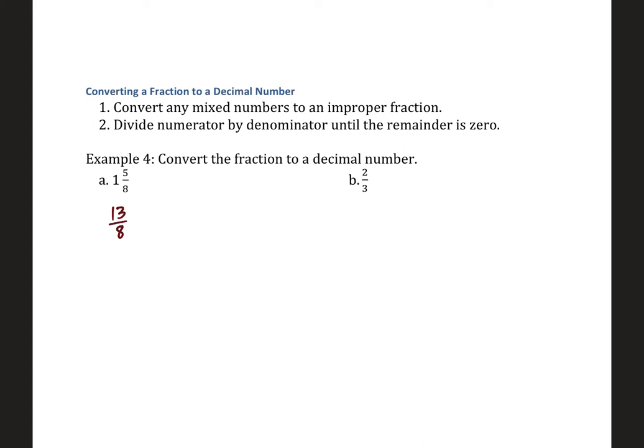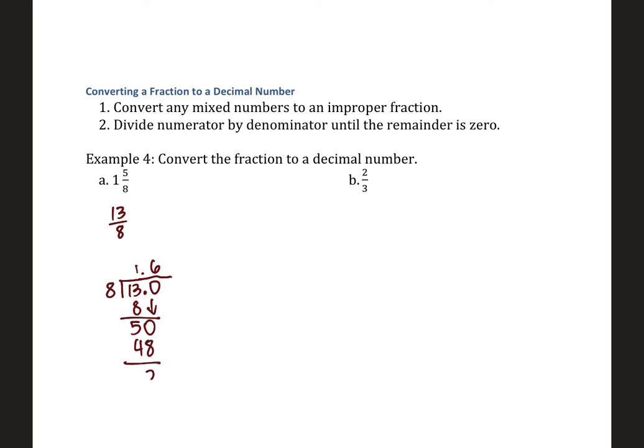Now I'm going to divide 13 by 8. 8 can go into 13 once with a remainder of 5. And since this is not 0, I'm going to put a decimal point right here so I can continue. Then I can add as many zeros after the decimal point as needed. So bring down that 0. 50 divided by 8 is going to be 6. 6 times 8 is 48.